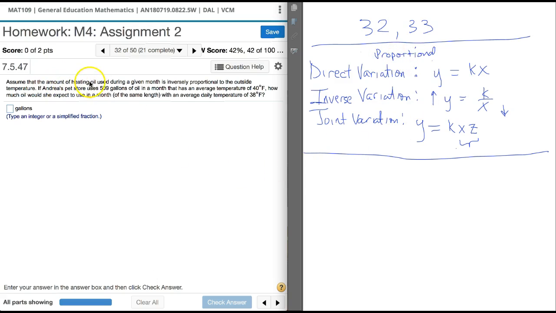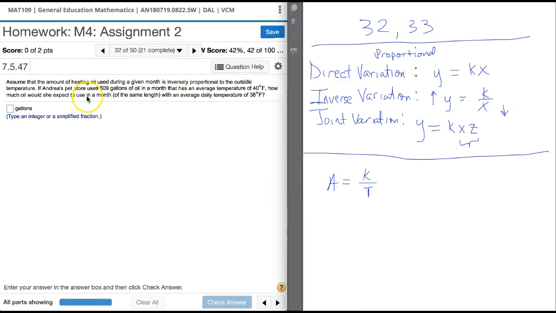So here it says, assume that the amount of heating oil used during a given month is inversely proportional to the outside temperature, okay? So here we have amount of heating oil is going to be inversely proportional to the temperature of the oil. And do you see how we use the inverse variation equation to come up with that? Where A is the amount of oil and T represents the temperature of the oil, okay?